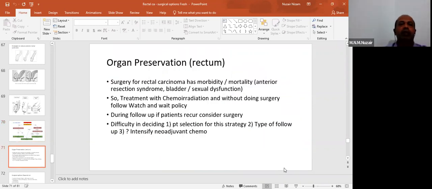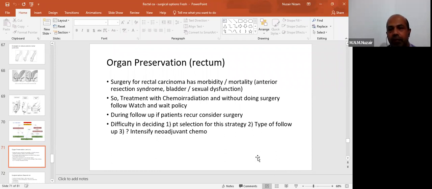There is a somewhat new concept which is called organ preservation. That's a preservation of the rectum, where the oncologists give chemoradiation before the surgery, and then restage the tumor, do radiological investigation and see what has happened to the tumor.